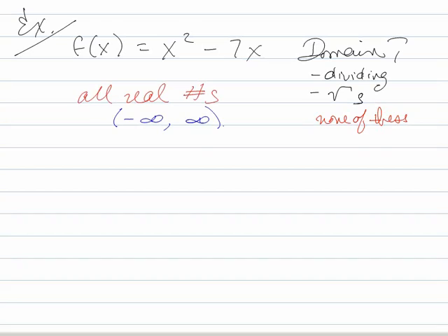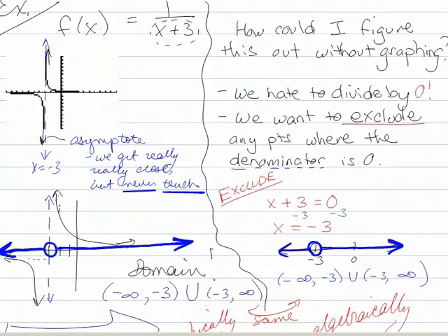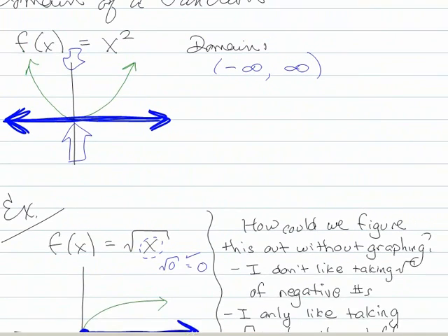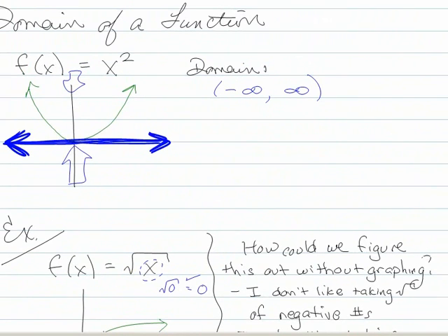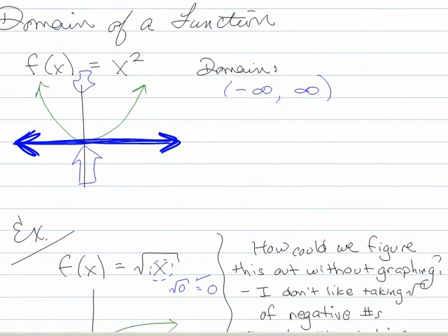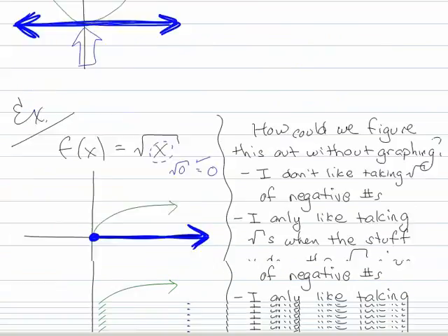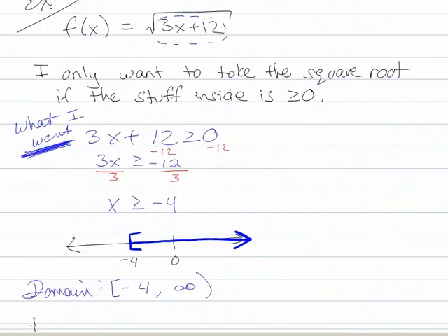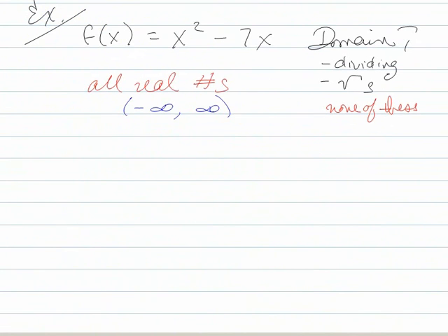Just like when we did the parabola a long time ago, we said the domain of this function was all real numbers, right? If you graph this, you can confirm it, but I just wanted to let you know that any polynomial is going to have a domain of all real numbers.